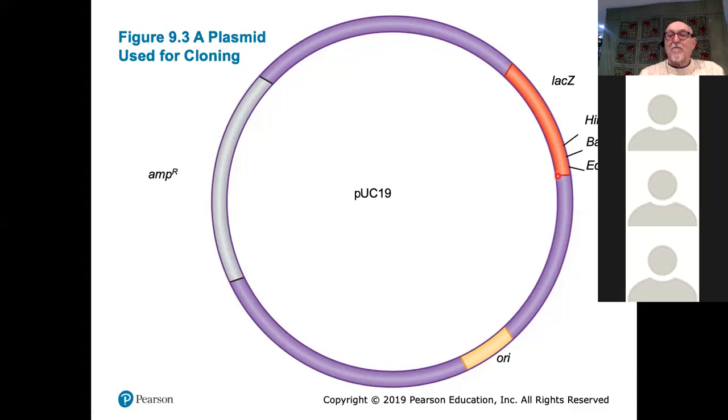And is the gene of choice, quote unquote, attracted to insert there because of those particular restriction sites that are in the plasmid? Exactly. It goes in there because it shares those sticky ends. It shares those sticky ends because we cut it with exactly the same restriction enzyme.